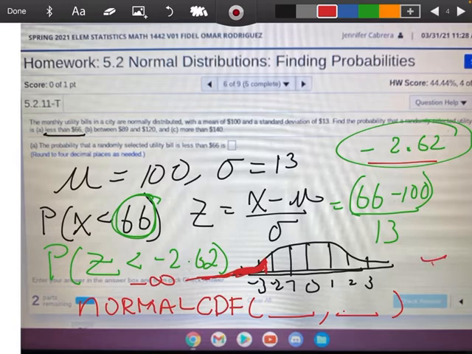If I were to go all the way to the right, that'd be positive infinity. Because I can't actually put a value for either negative or positive infinity, I'm just going to use either a really, really small number or a really, really big number. So really, really small would be negative 9,999. And then where do we stop at? We stop at negative 2.62.